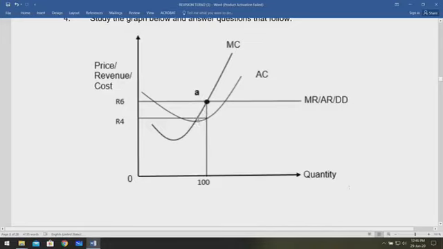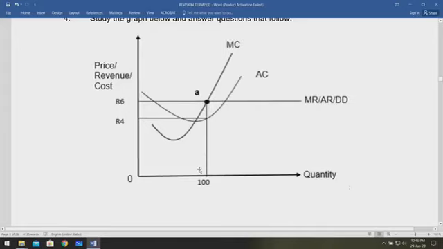So it's from this point here up to the 100. That area is your profit area. This is making the maximum profit. So you do not want to go to the right of that 100 units, because there your cost starts going up again. So you're going to be eating into your profit. The same thing if you're selling less, you're going to be earning less revenue, but your cost is still going to be the same.